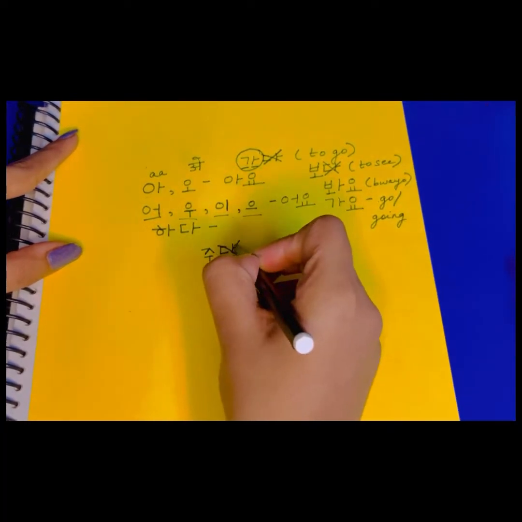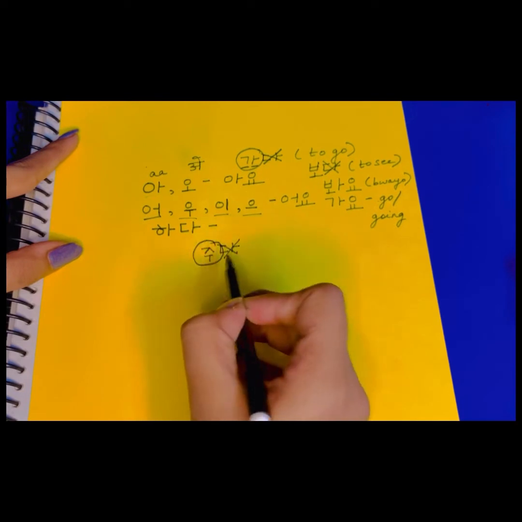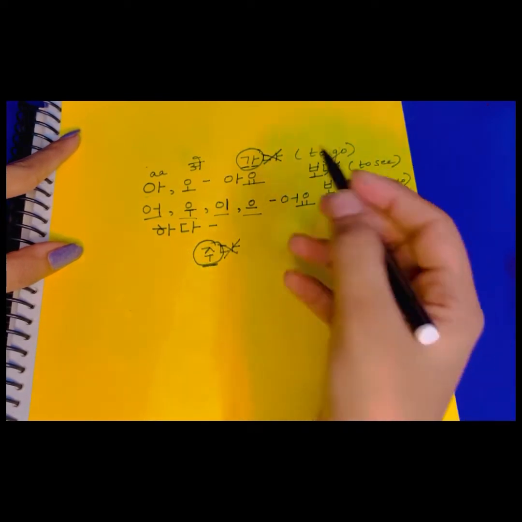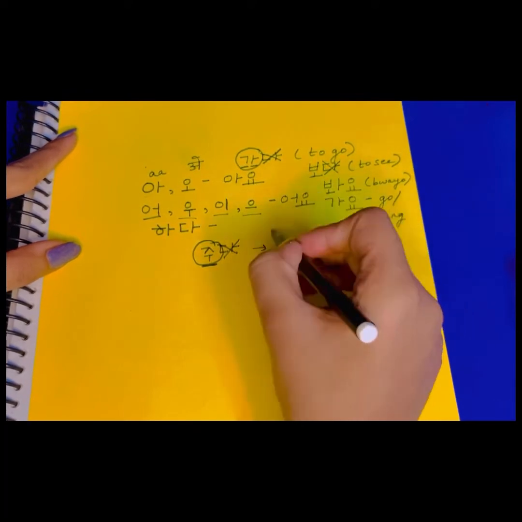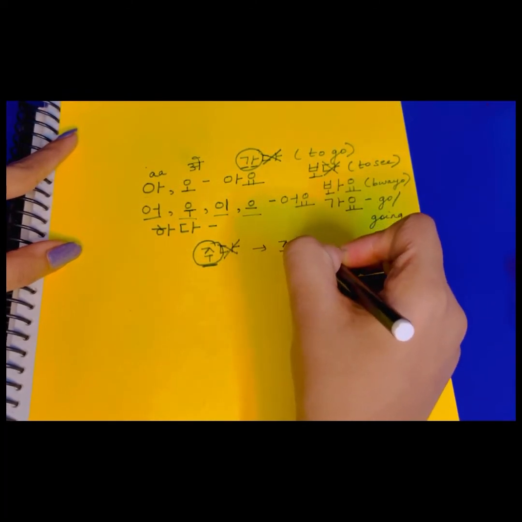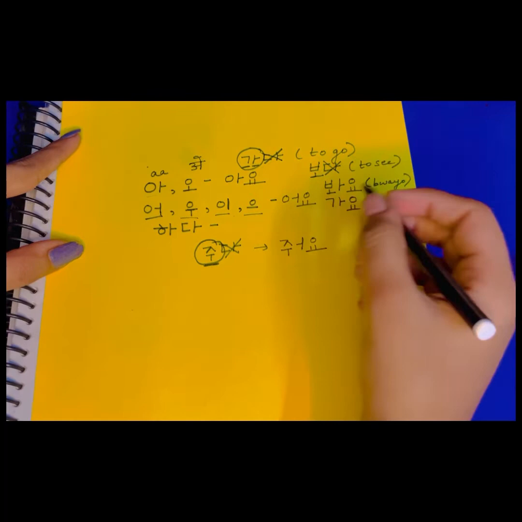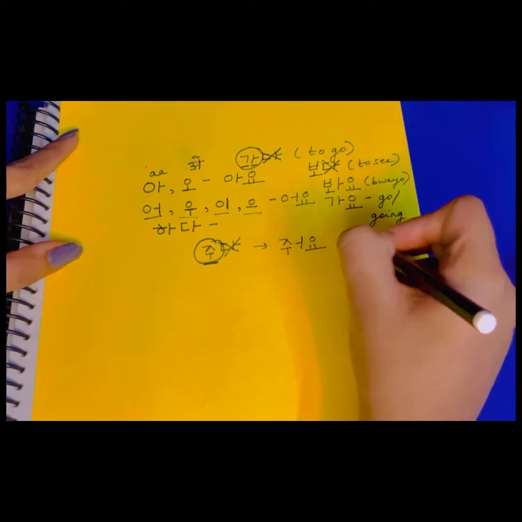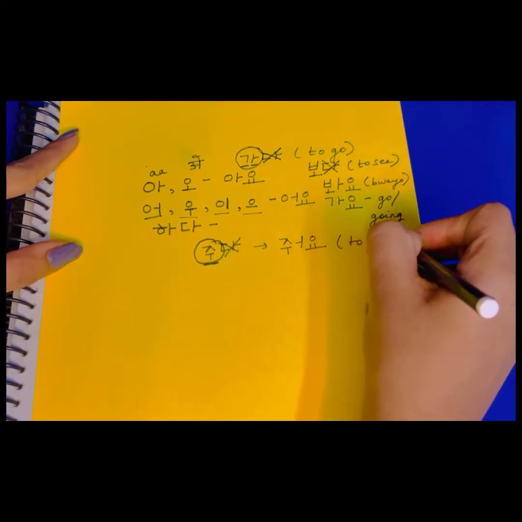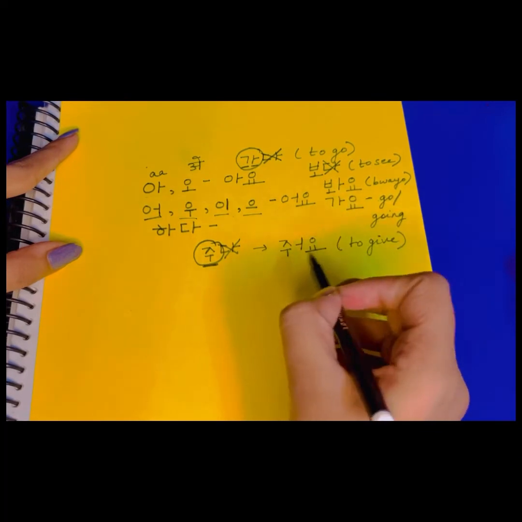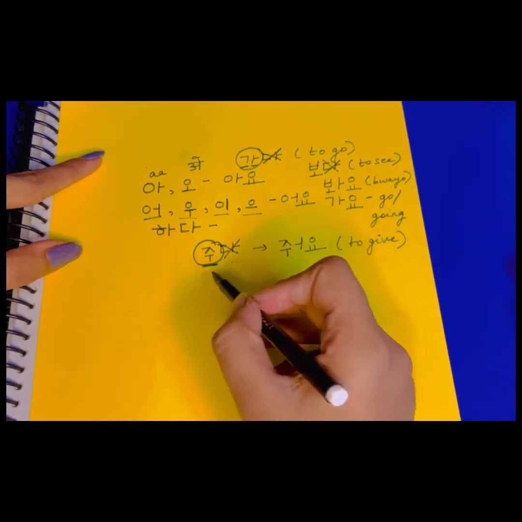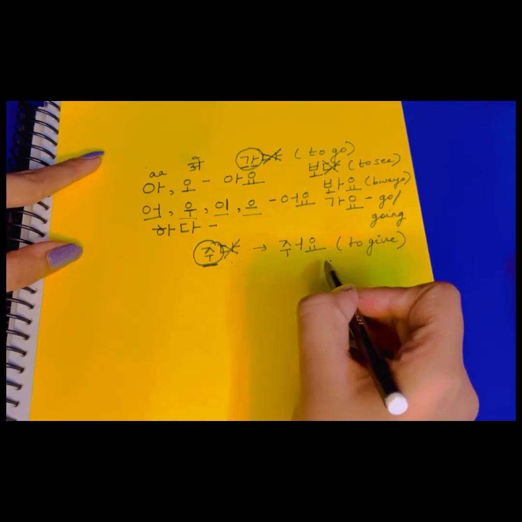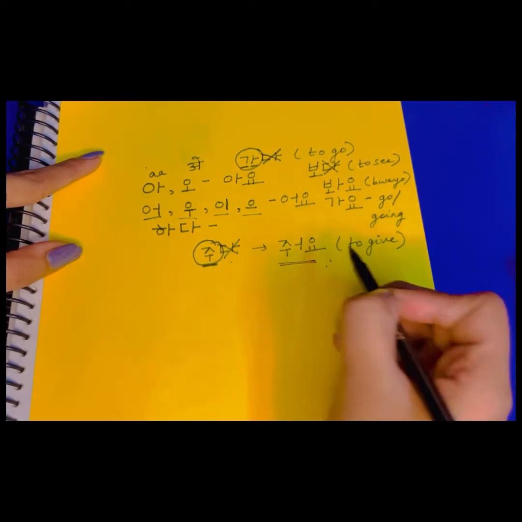You remove da and we are left with chu, and the vowel is u here. So we will conjugate it as chu and we put oyo. So chuoyo. It means to give. Chuda means to give. Chuoyo means I give.